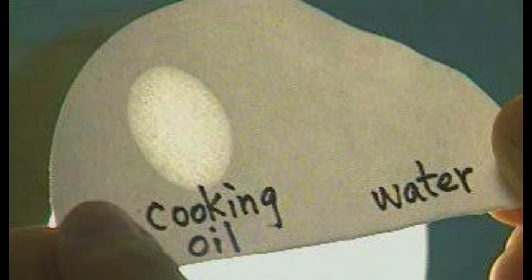Now we'll see the test for fats. If you see this one clearly, I have already shown you in the live class. See, a paper. If you add water and oil on the paper and then hold that paper to the light, you can observe the translucent part near the cooking oil. Why?